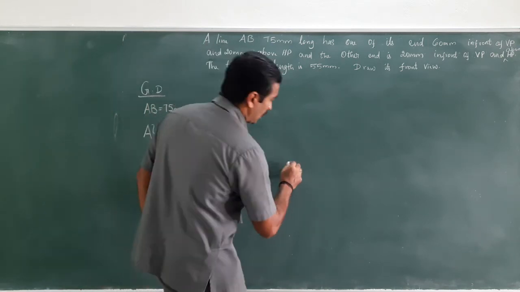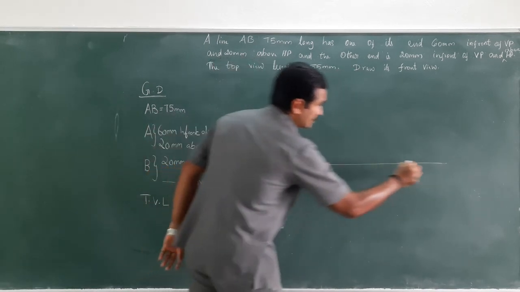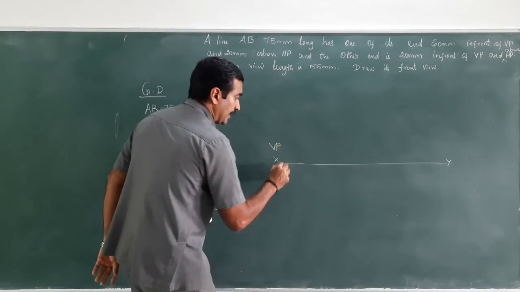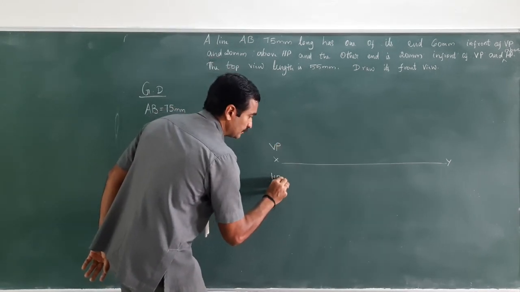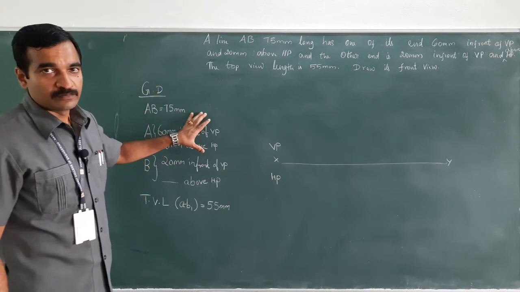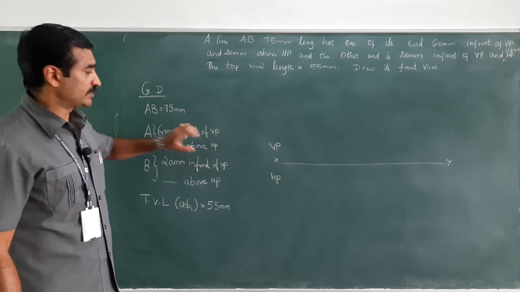So, let me just draw the XY line, that is the reference line. Above the reference line is VP and below is HP. First, we will have to start drawing the locus, so locus information is to be considered first.